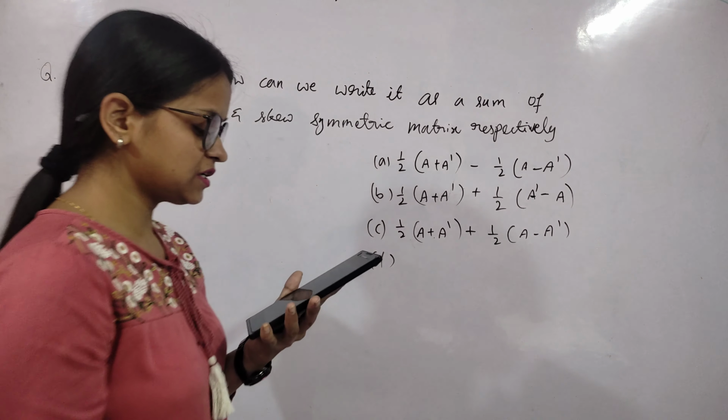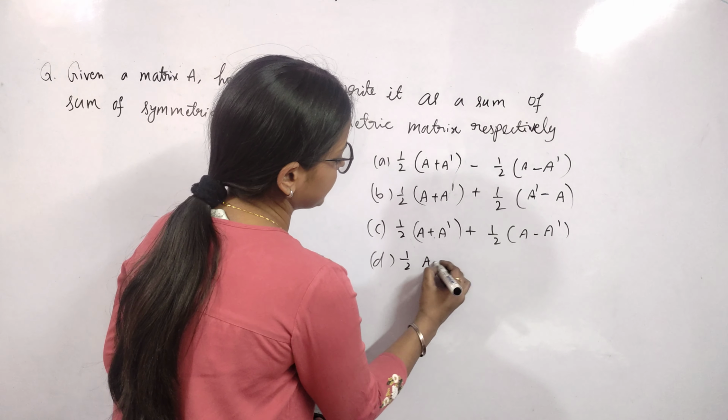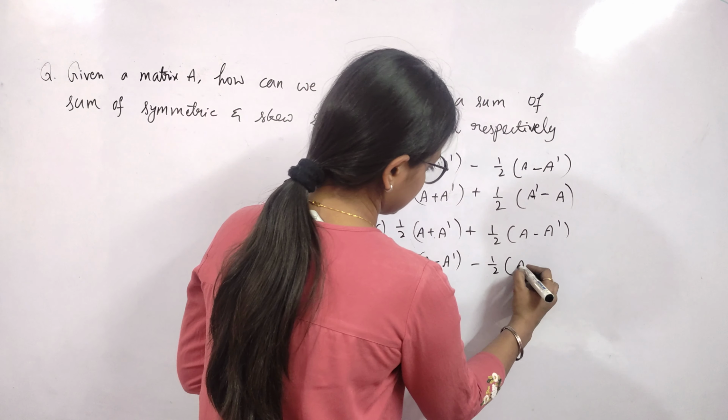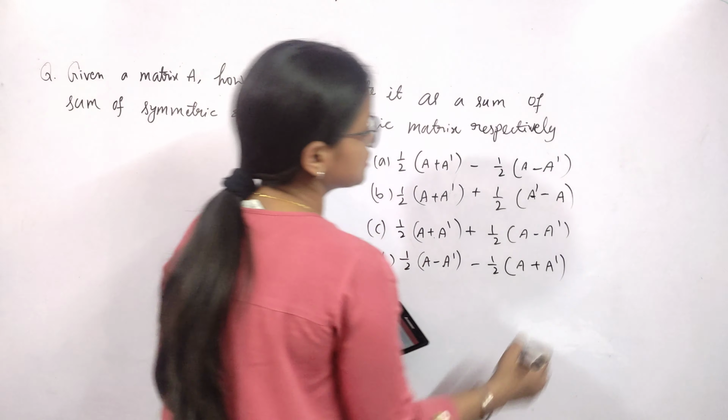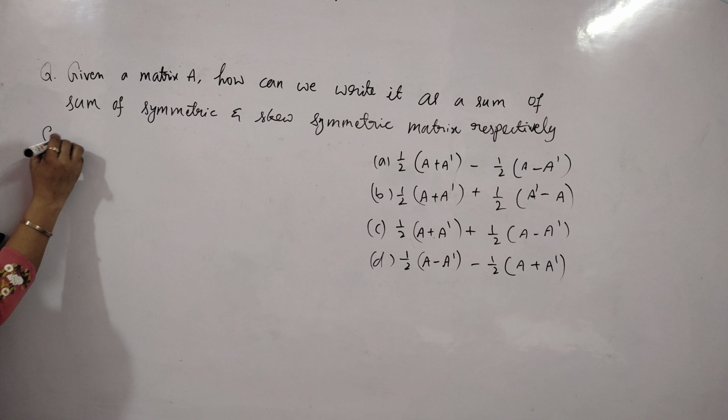Next, D part of this question is given as half A minus A transpose minus half A plus A transpose. So these are the options given for this MCQ question. So let us solve this.